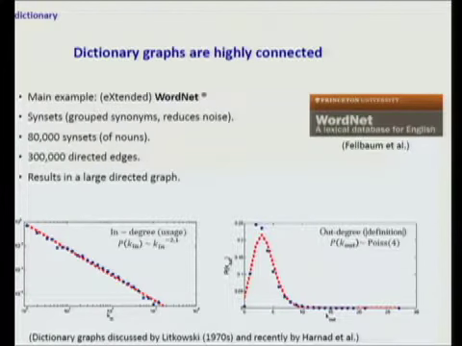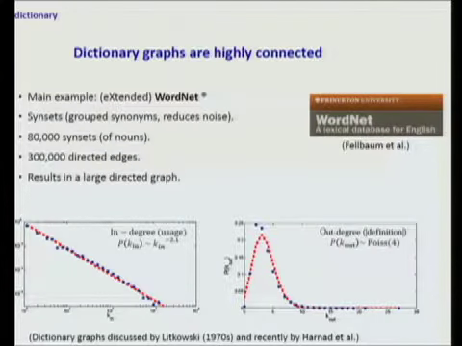If we look at this big online dictionary, we find 80,000 synsets. You can think about them meanwhile as words. They are connected by about 300,000 directed edges. So this is a rather big graph, and it has some very apparent properties. We see that the in-degree, meaning how many times a certain word is used in all the definitions of the dictionary, has a very broad distribution.